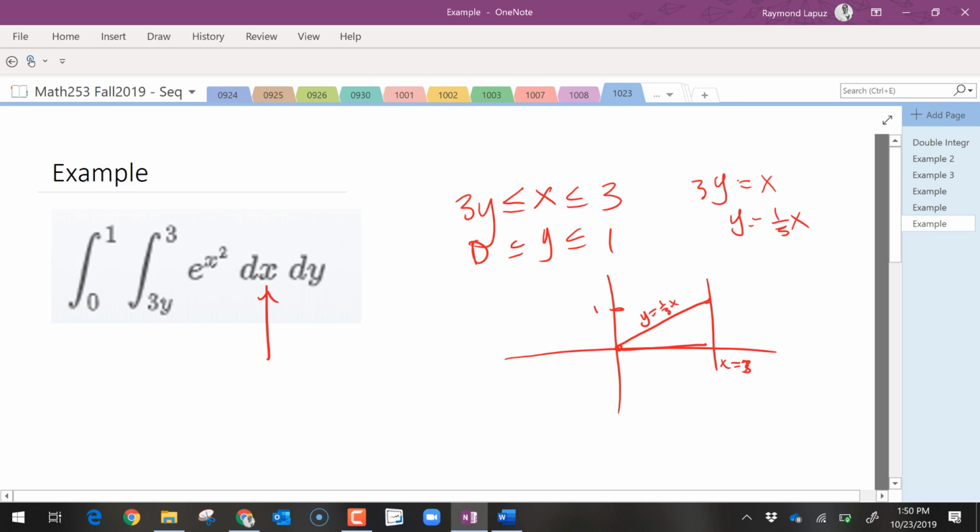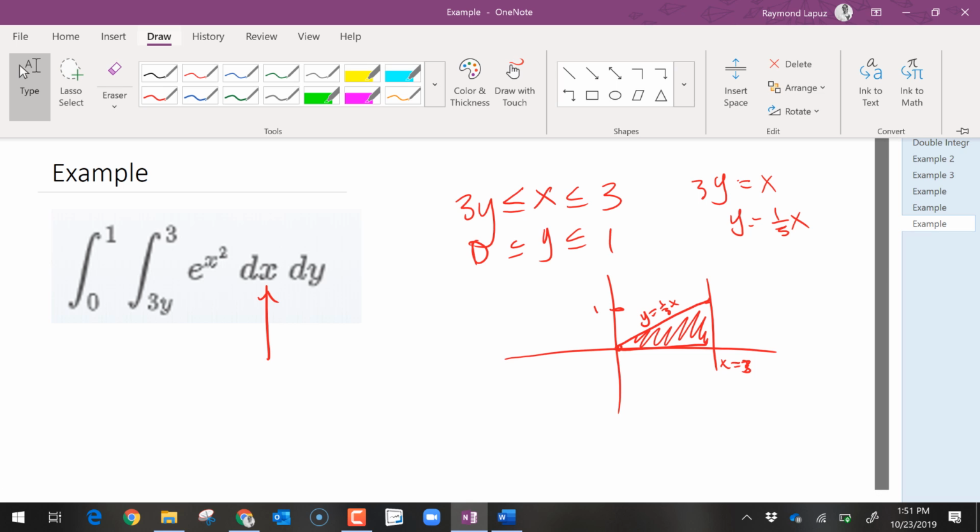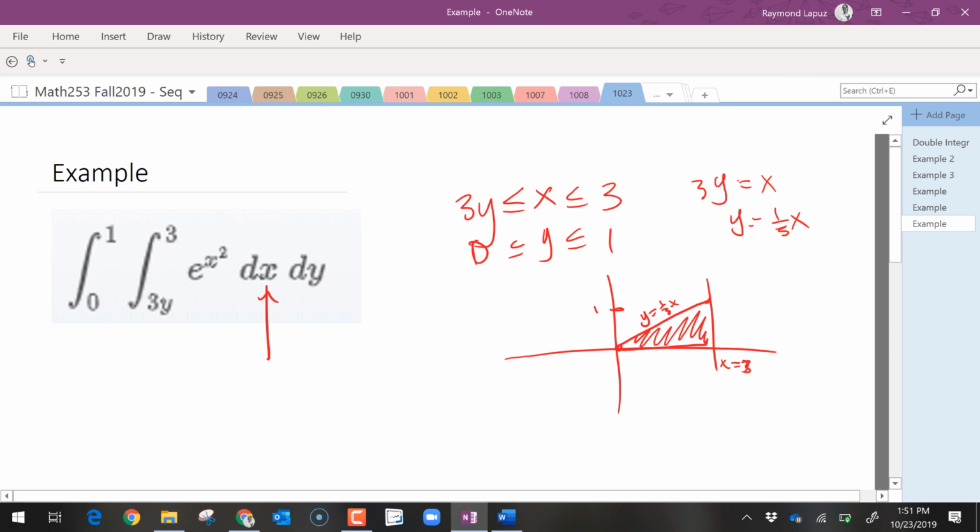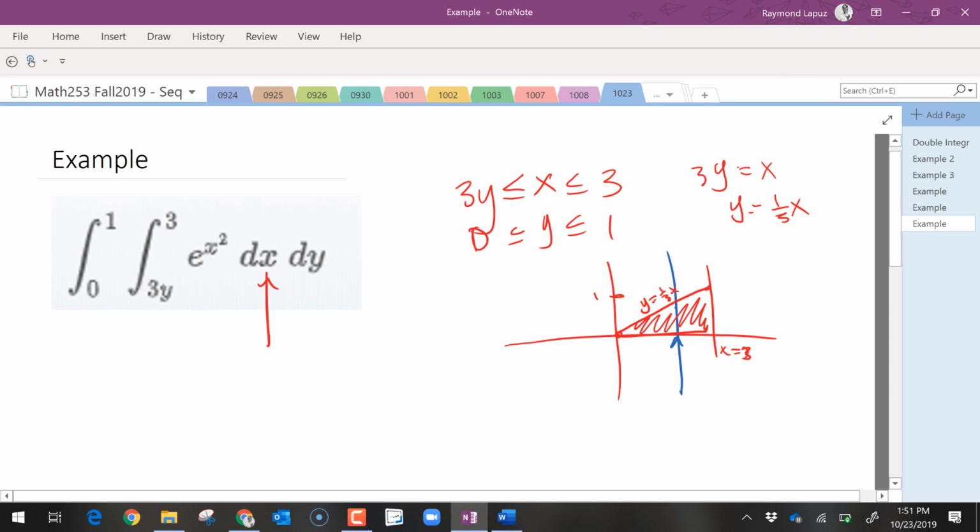So that's my region. Now I couldn't do it integrating with respect to x first, so I'm going to integrate with respect to y first. Draw a line parallel to the y-axis. y goes from 0 to that line. And x goes from where to where?